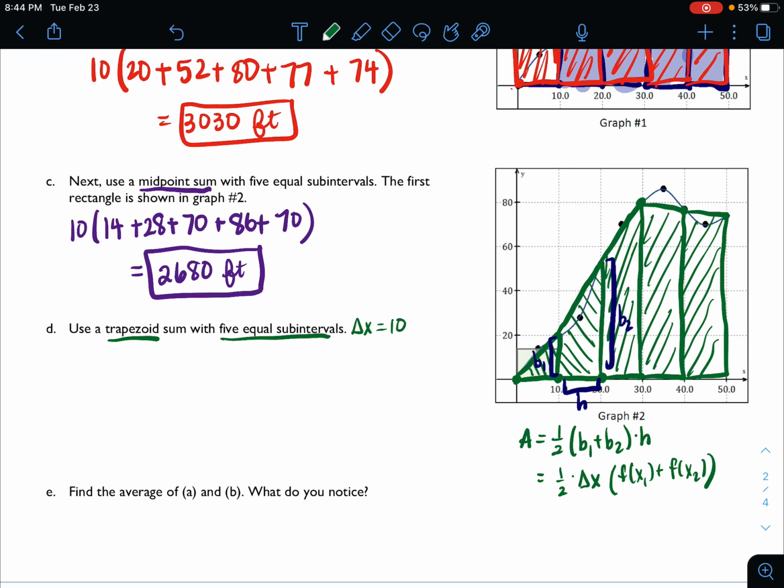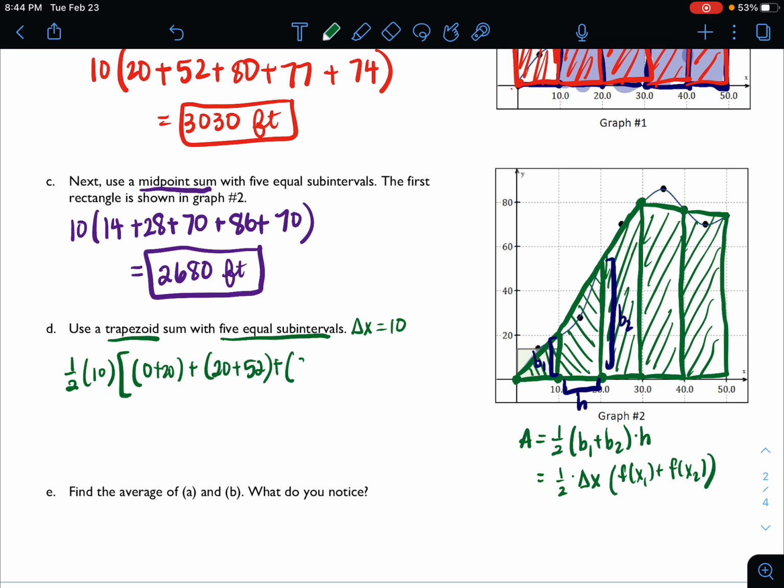So when we're setting up our formula, we can factor out the 1/2, and we can factor out our delta x, which is 10. And then we're going to do the base 1 plus base 2 for each trapezoid. So for the first trapezoid, it's 0 plus 20. Plus the next trapezoid is 20 plus 52. So the two heights there, 20 and 52.